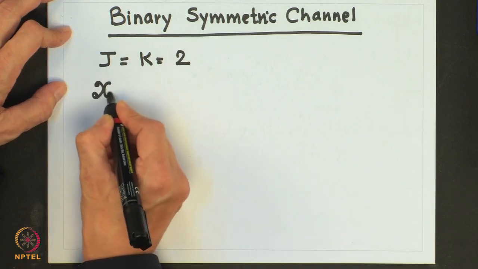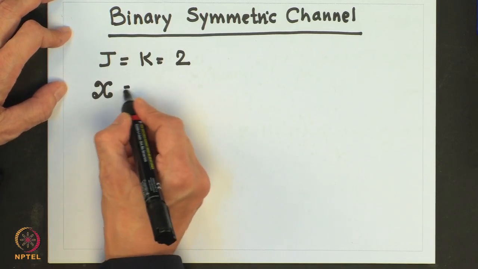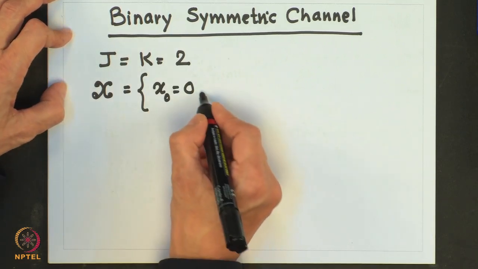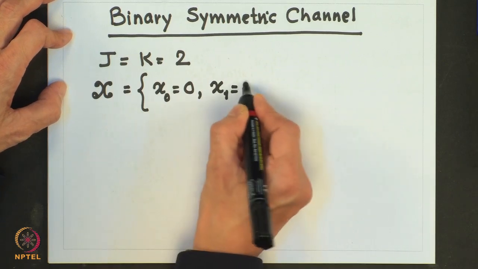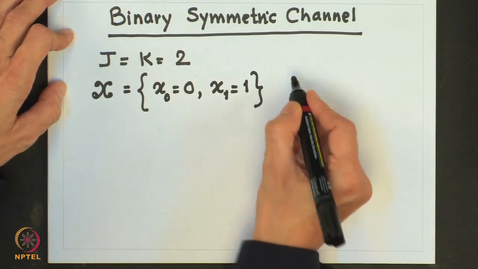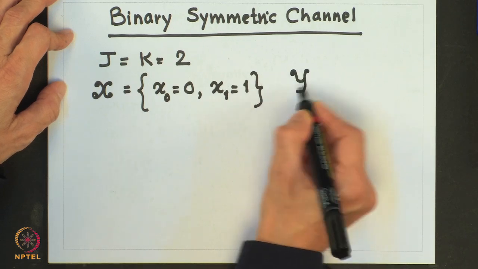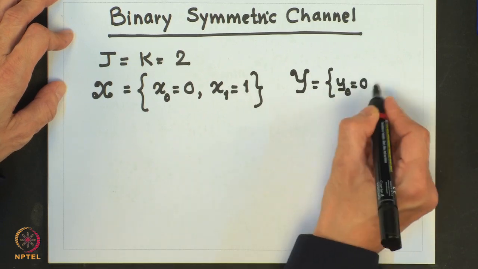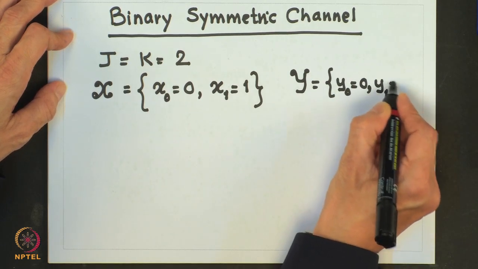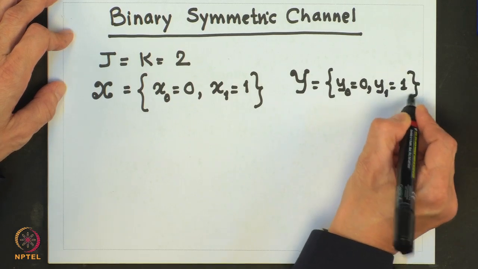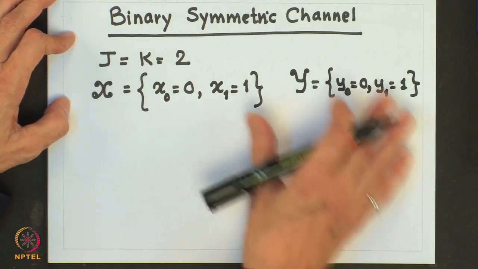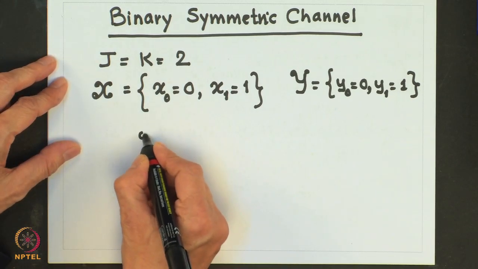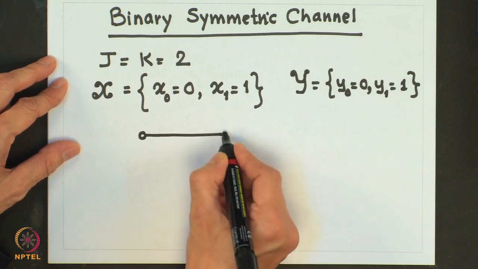Your input alphabet is x0 equal to 0 and x1 equal to 1, and your output alphabet is y0 equal to 0 and y1 equal to 1. And this binary symmetric channel can also be shown by this diagram.